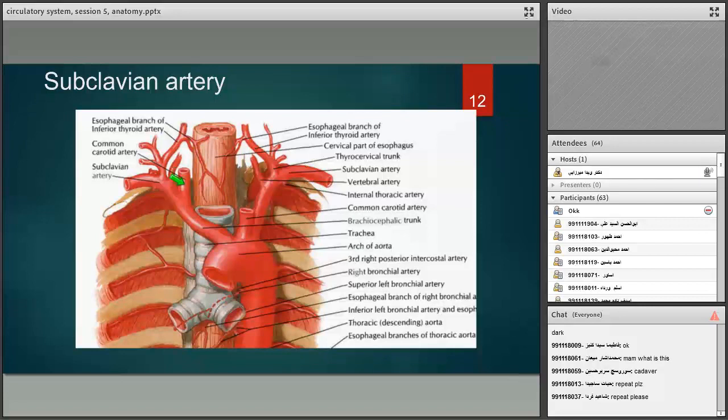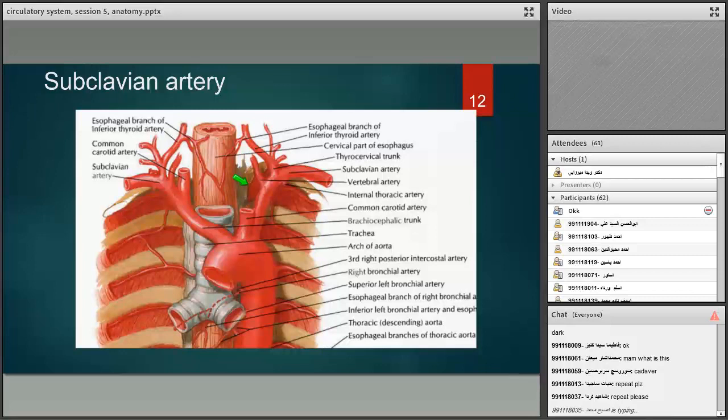One is the right common carotid artery, the other is the right subclavian artery. But on the left side of the chest, we can see the left common carotid and left subclavian arteries. Inside the chest, the beginning parts of these arteries are placed inside the chest.